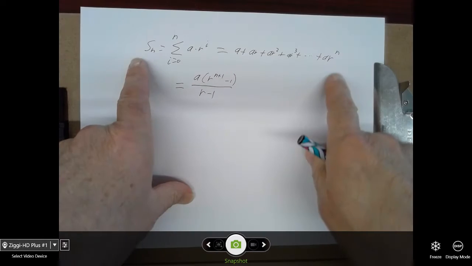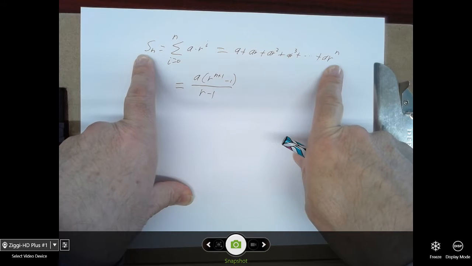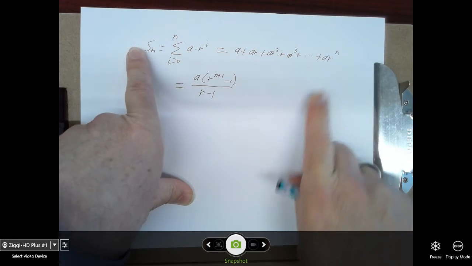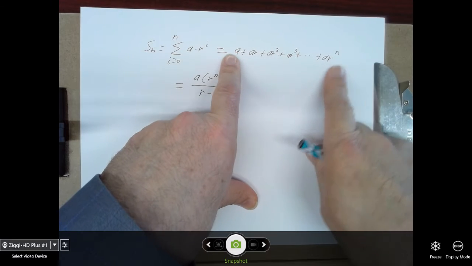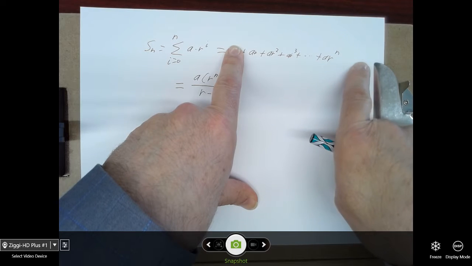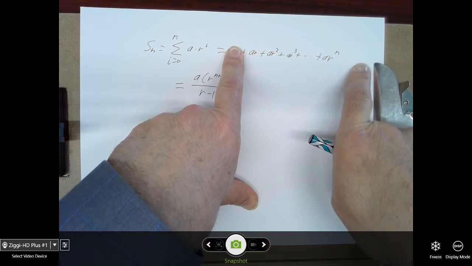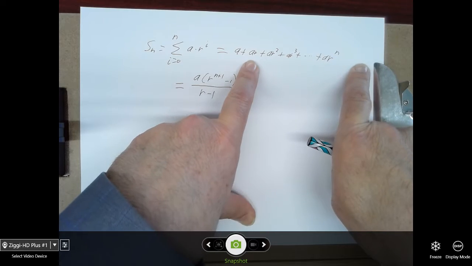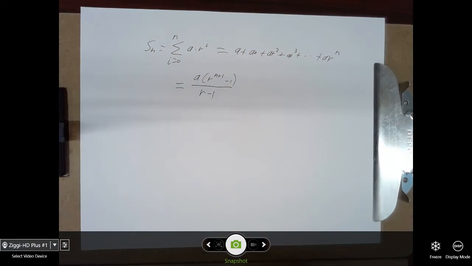Basically, take this sum and multiply it by r. So over here you get r times S_n, and over here you get this exact same thing, except it starts with ar and it ends with ar to the n plus 1. And then just subtract and most of your terms go away. You can solve for S_n and you get this nice little closed expression.